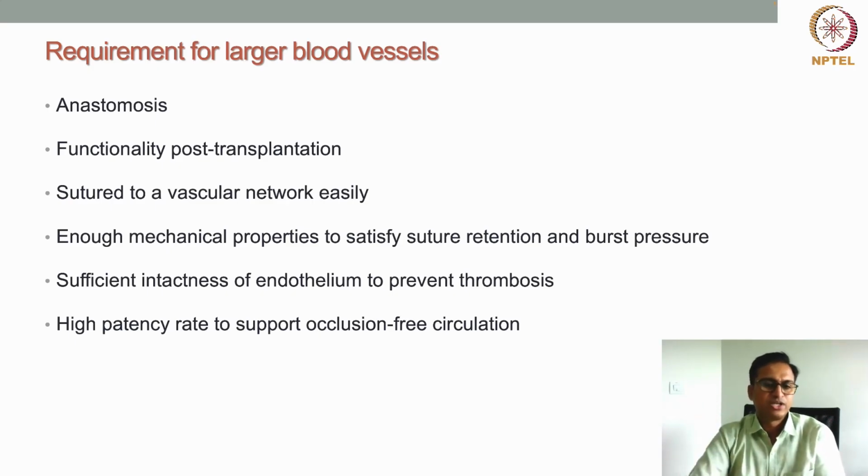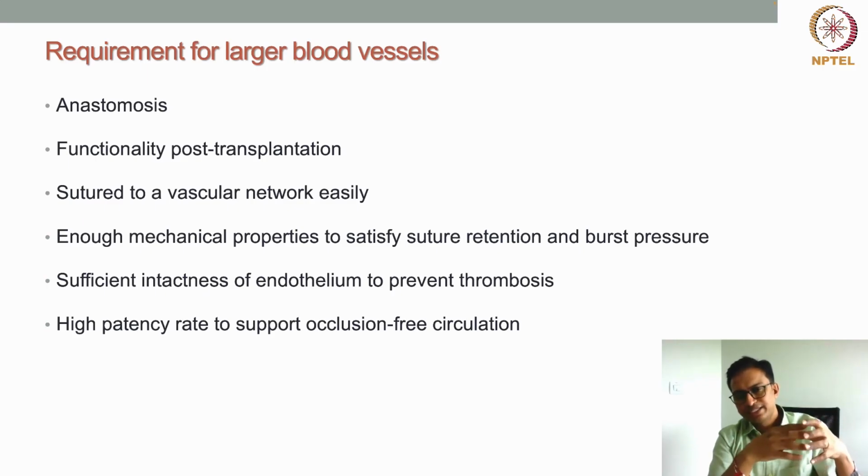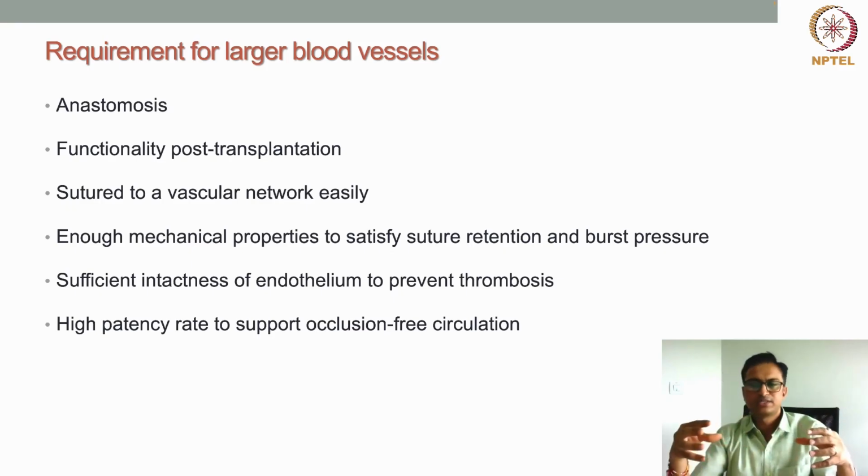Sufficient intactness of the endothelium to prevent thrombosis. There should be endothelium growing over the synthetic vessel in vivo. When you connect the synthetic blood vessel with the existing one, the endothelial cells from the existing one migrate and populate the synthetic one.